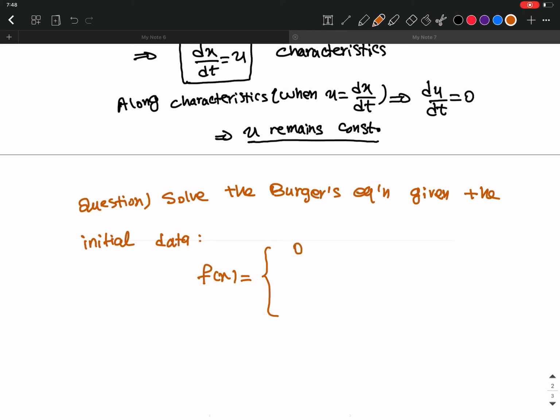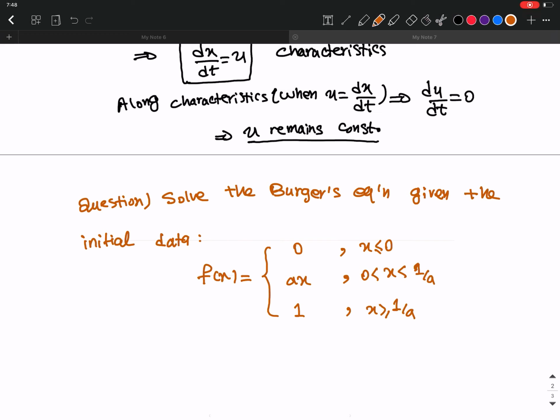So 0 for x less than 0, ax for x between 0 and 1 over a, and 1 for x greater or equal to 1 over a.